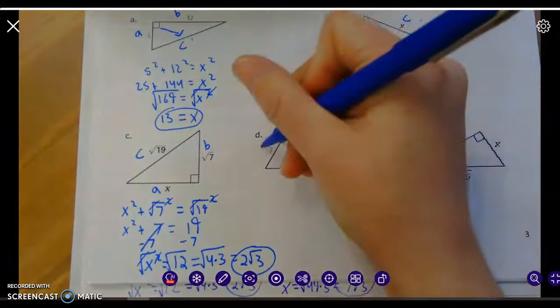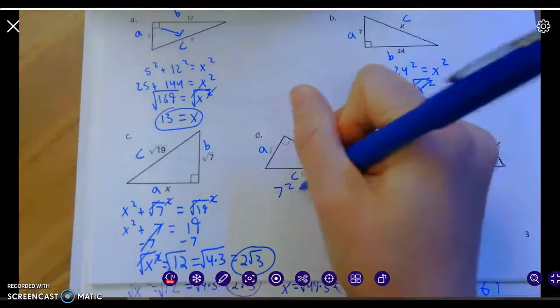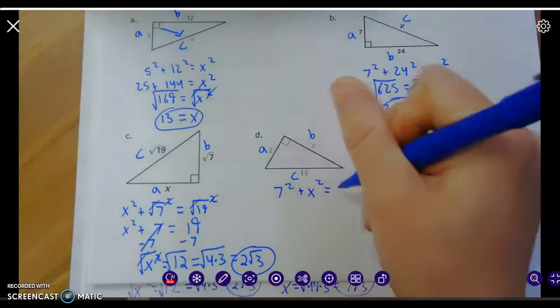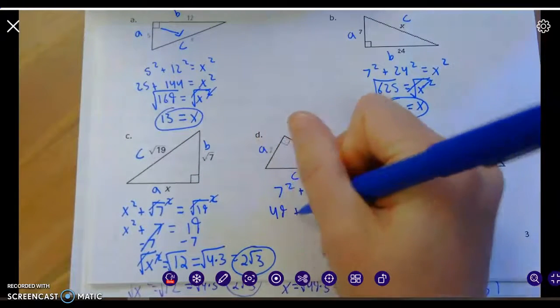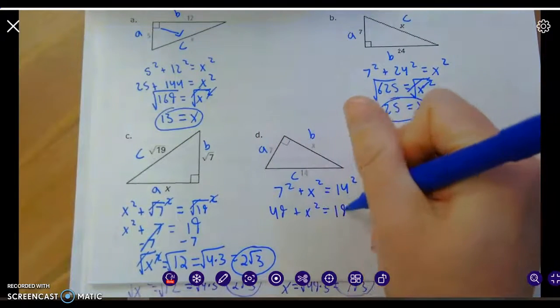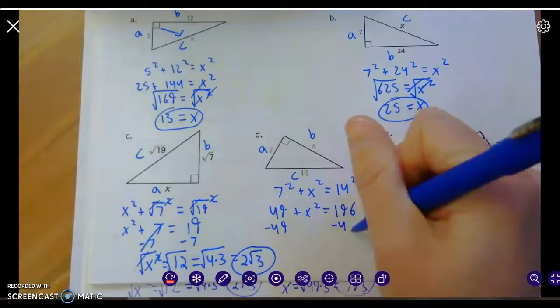Okay, and then we have D. A, B, C, and then you have 7 squared plus x squared equals 14 squared. So we have 49 plus x squared equals 196. And then subtract 49 from both sides.